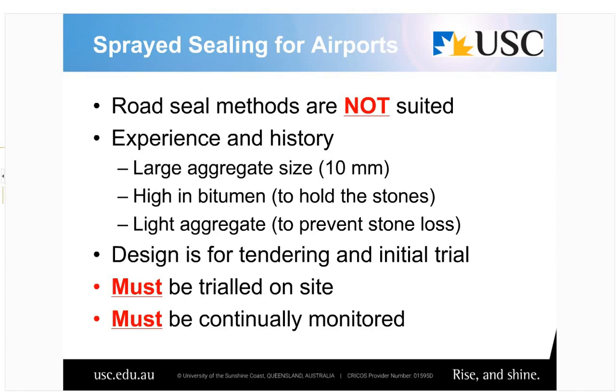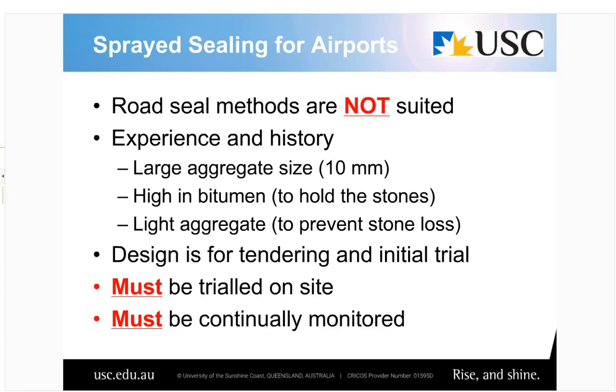We've probably all driven on a freshly sealed road and had stones stick to our tyres, or flick up and stick to our mudguards. Clearly that kind of outcome is unacceptable on a runway, even though it's reasonably well tolerated by the general public on roads.